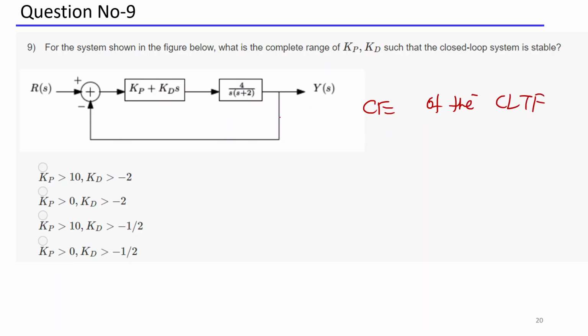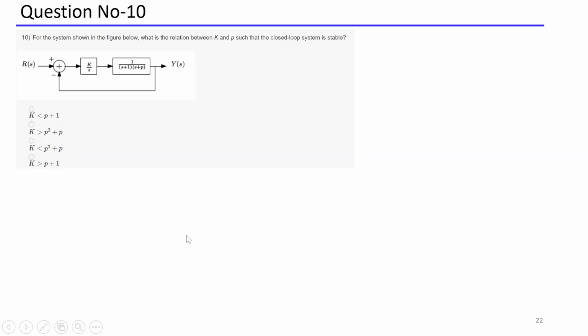Then apply inner product greater than or equal to outer product. Those who are very comfortable with RH criterion can apply RH criterion and find the constant values that are given to you.